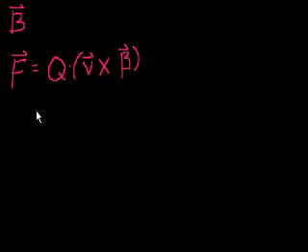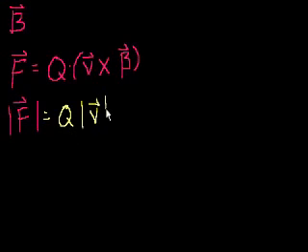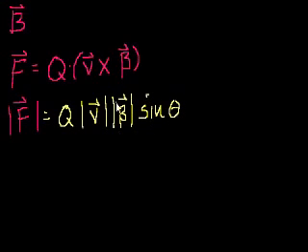So we know that the cross product is the same thing as, so let's say, what's the magnitude of the force? The magnitude of the force, and I'm going to arbitrarily change colors, is equal to, well, the magnitude of the charge, this is just a scalar quantity, so it's still just the charge, times the magnitude of the velocity, times the magnitude of the field, times sine of the angle between them.